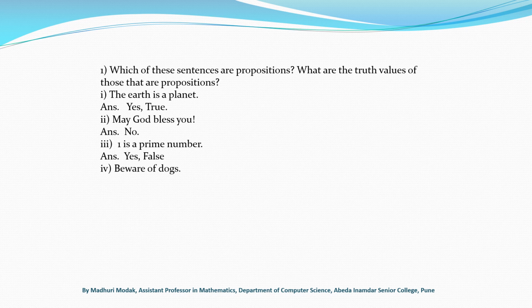Now next is: beware of dogs. Again this is not a statement because this is not a declarative sentence. Then next: the sum of the angles of a quadrilateral is 180 degrees. Again this is a declarative sentence, and actually the sum of angles of a quadrilateral is not 180 degrees but 360 degrees.